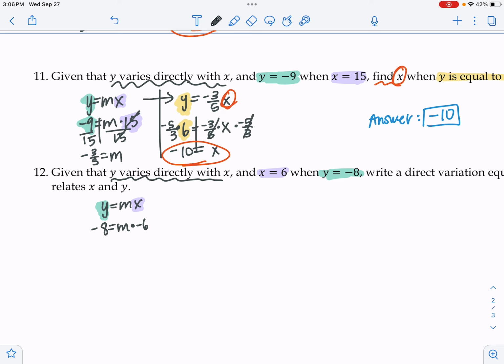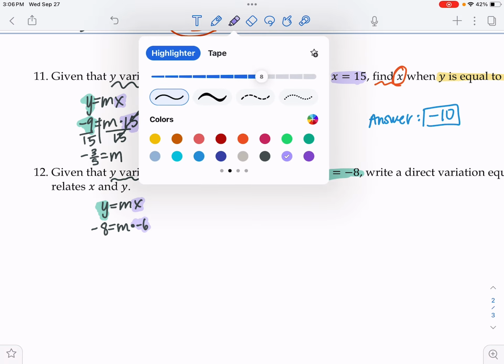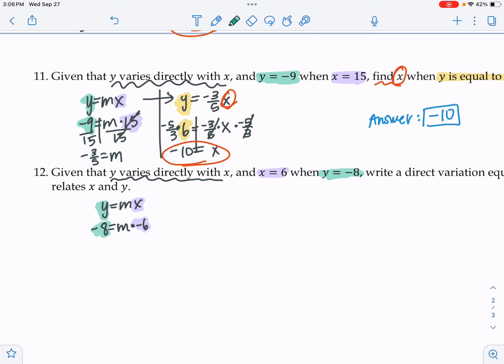Make sure you have a times sign so it doesn't say m minus 6. Okay, and so x is negative 6, y is negative 8. We're going to solve for m by dividing by negative 6.